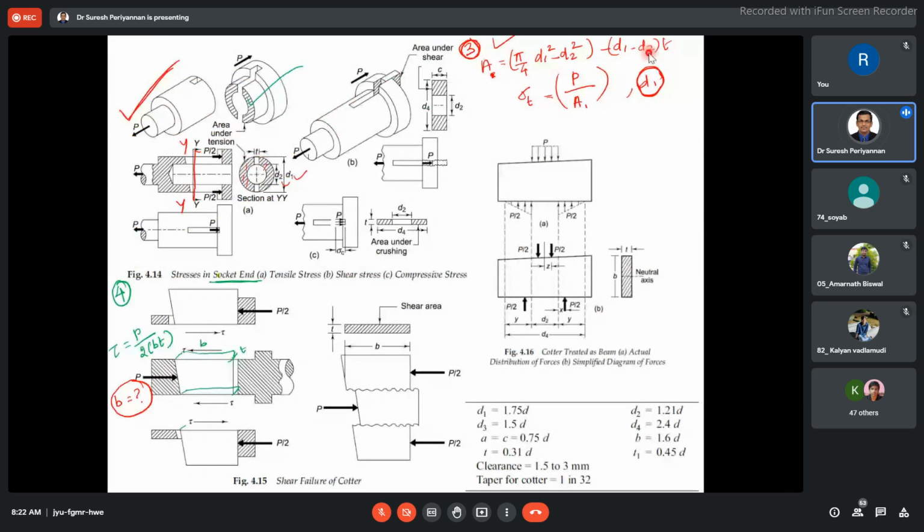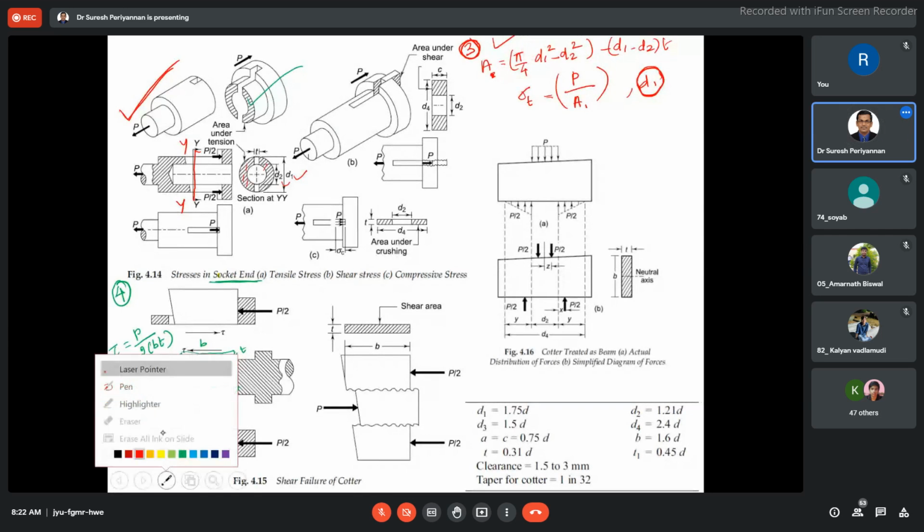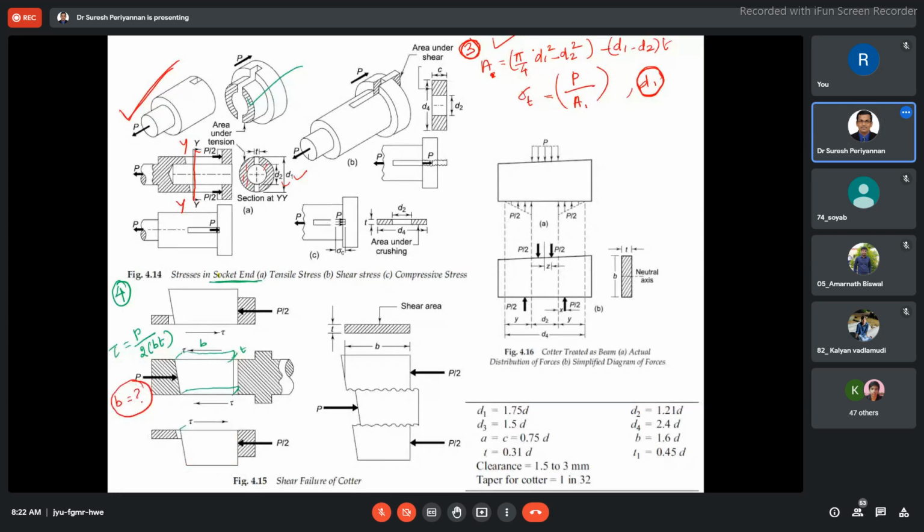The bracket should come here: pi by 4 of d1 squared minus d2 squared, minus d1 minus d2 into t, this slot region.